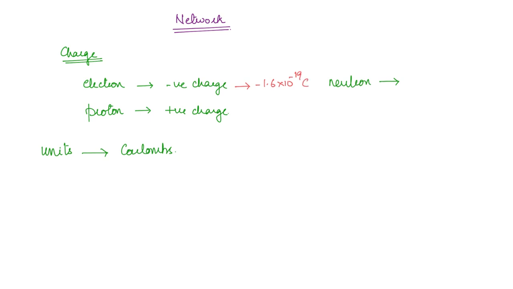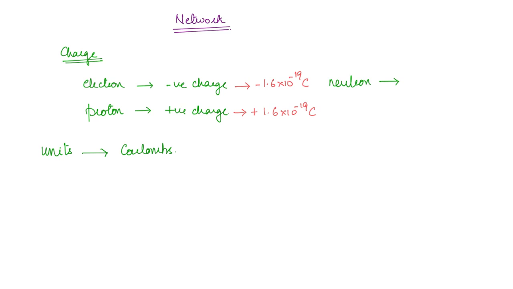So one electron will possess this much amount of charge. What about proton? The magnitude of charge is the same, just the sign is going to be different. So plus 1.6 into 10 to the power minus 19 coulomb. This is the amount of charge in one electron and proton.